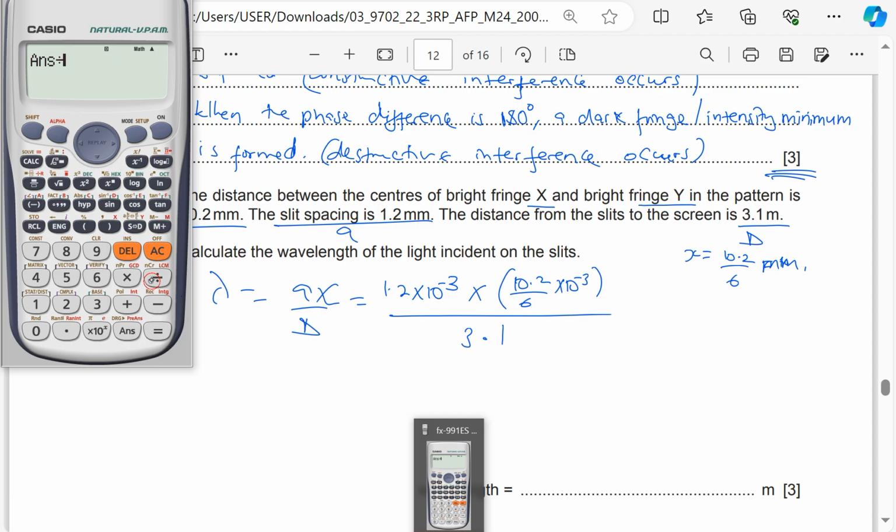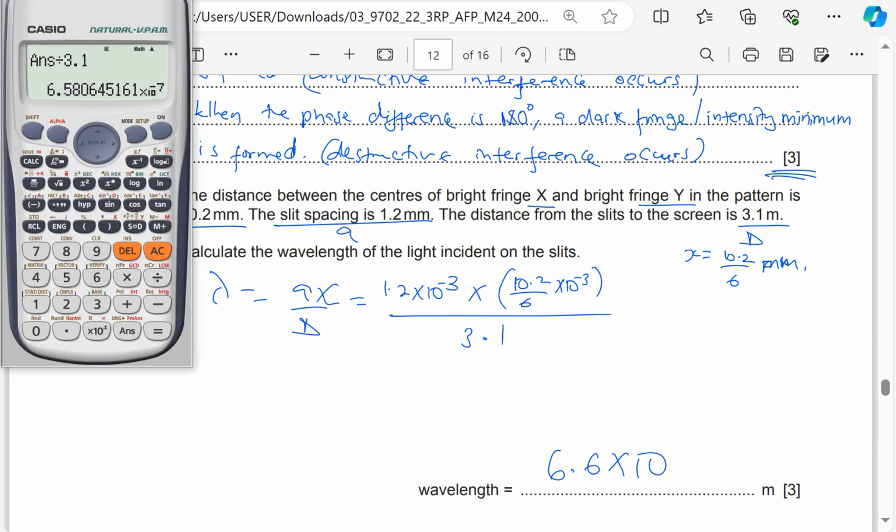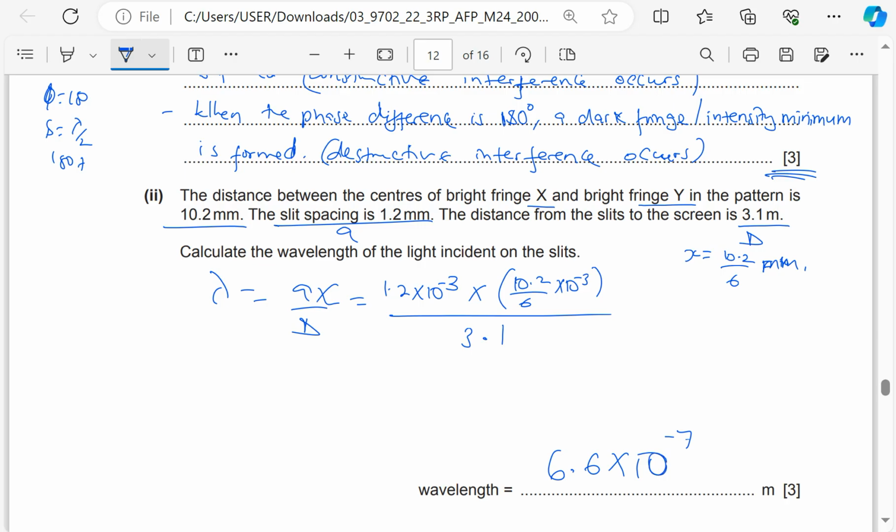I first divide this by 6, then I divide by 3.1. So this is giving me 6.6 times 10 to the power of minus 7. 6.6 times 10 to the power of minus 7.